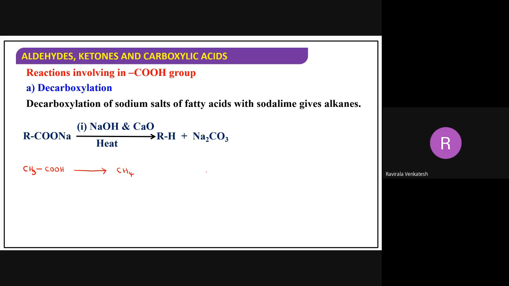Similarly, if they give CH3CH2COOH and want to convert it into CH3CH3, ethane.